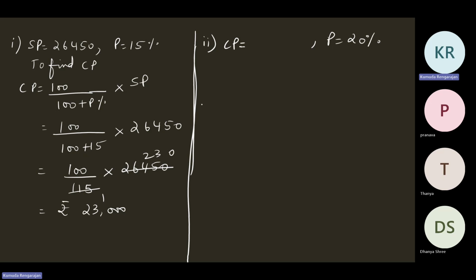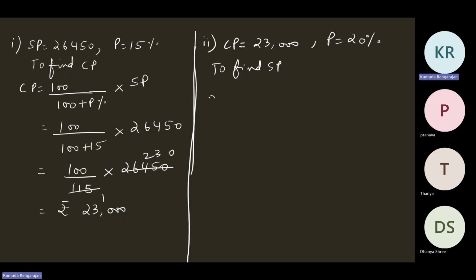Should we find CP or SP? SP, ma'am. We have to find SP. To find SP, what is the CP? 23,000.